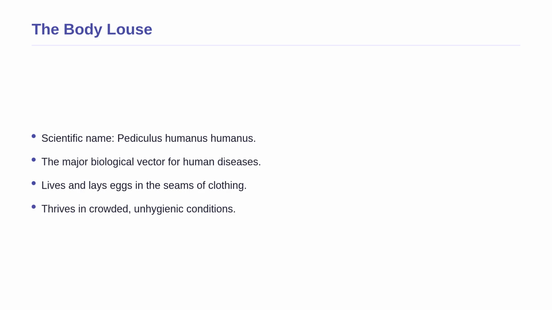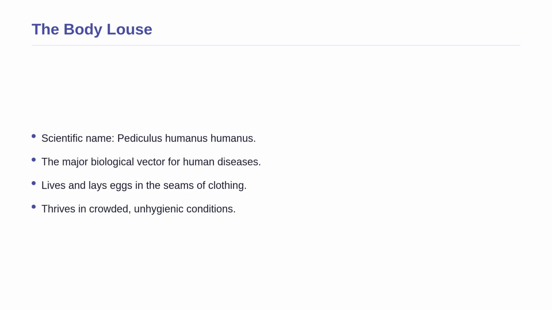While there are three types of lice, we must focus our attention on the most dangerous one, the body louse, known scientifically as Pediculus humanus humanus. This specific type acts as a major biological vector for human diseases. What makes the body louse unique is its evolutionary adaptation to clothing.